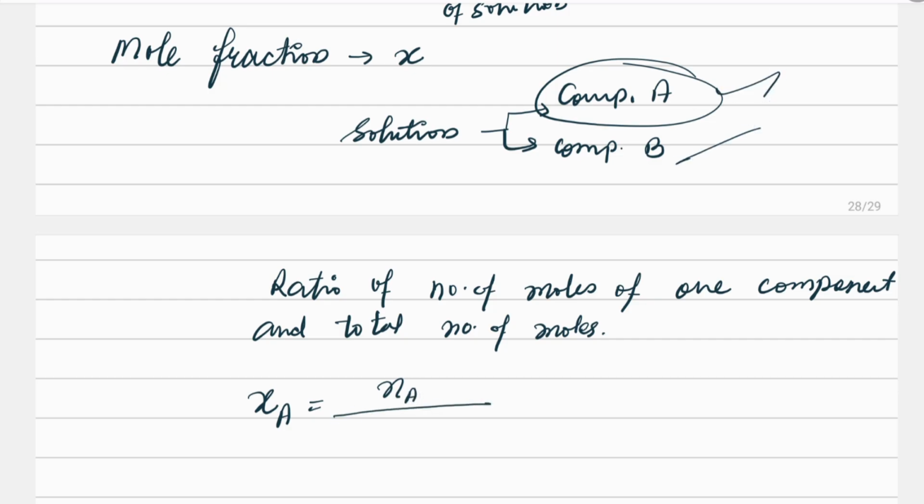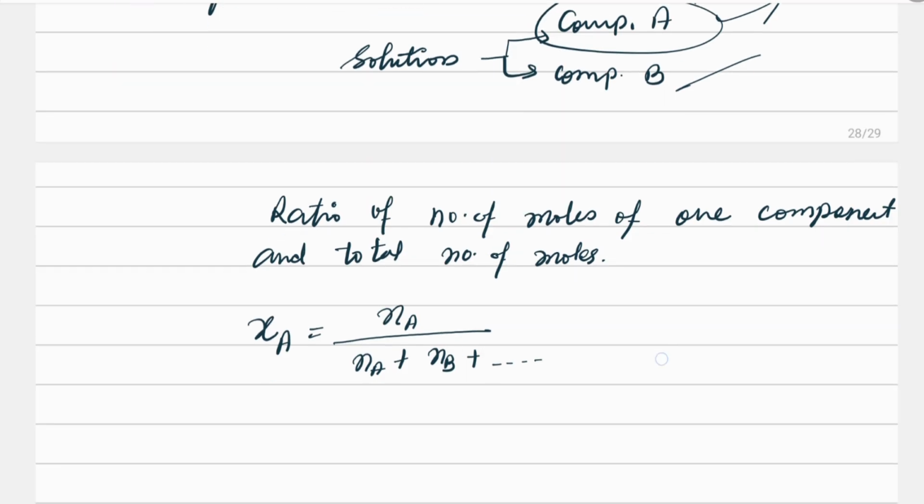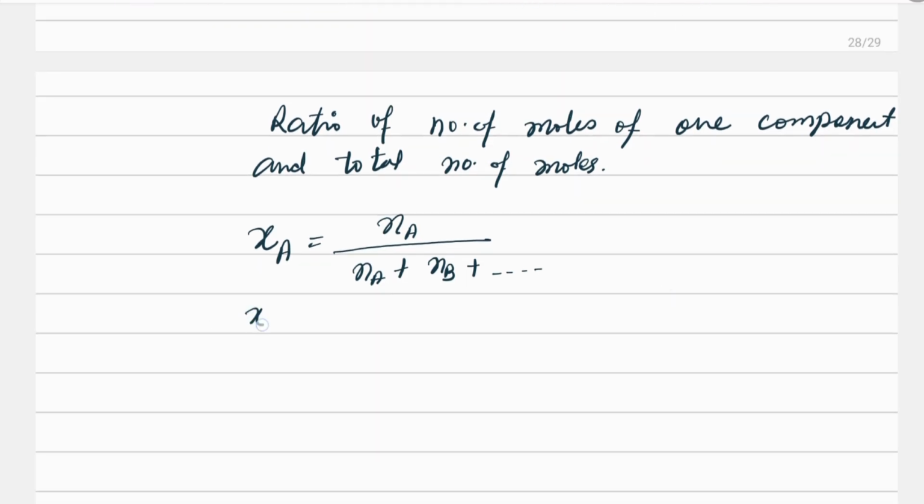Suppose there are two components, so Na plus Nb, and if there are more components, then so on. So this is how it is calculated. For the second one, Xb is equal to Nb divided by Na plus Nb, and if there are more components, then they are added as such.